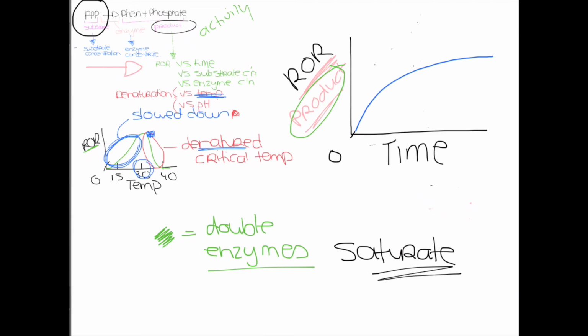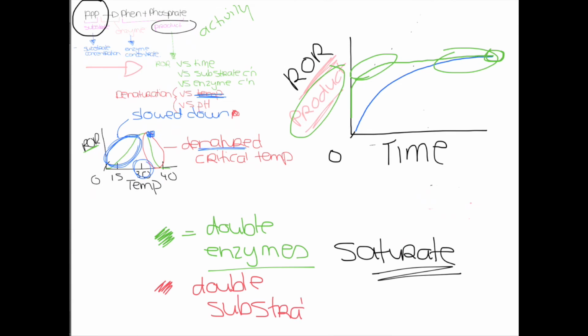No. The only way to increase the amount of product would be to increase the amount of substrate. But if you increase the amount of enzymes, that work would happen in less time. So instead of the reaction finishing up here, it might finish a lot sooner. We'll get to its peak, so it might do something like this. It's got to its limiting factor a lot sooner because it has a lot more enzymes to get the job done.